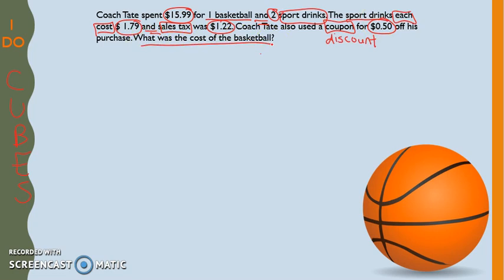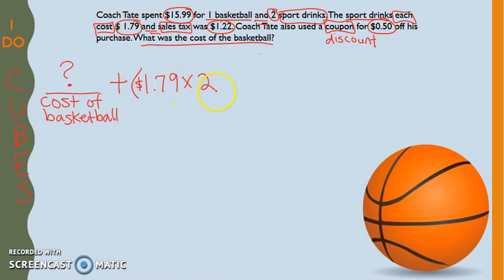I'm going to show you how we would work using a traditional method and then how it would look working backwards. We always want to start with our unknown, and this is the cost of the basketball. Then we are going to add that to $1.79 times 2, and the reason it's times 2 is because we have 2 sports drinks, so we need to multiply.